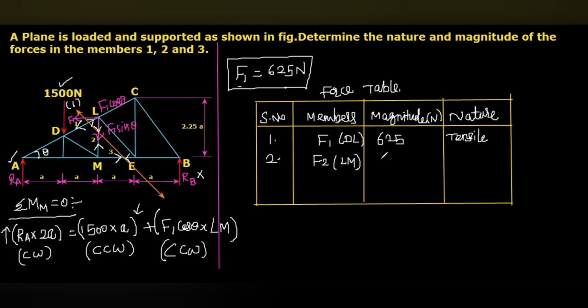So it is 750 Newton, and it will be compressive in nature. Then the third one, F3, force in the member ME. We calculated this value, that is 500 Newton. From the point M, it is going outward. From the point E also, it is going outward. So it tends to compress ME. So it will be compressive in nature.